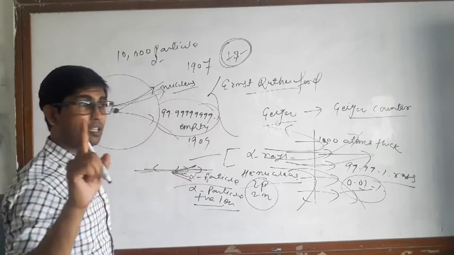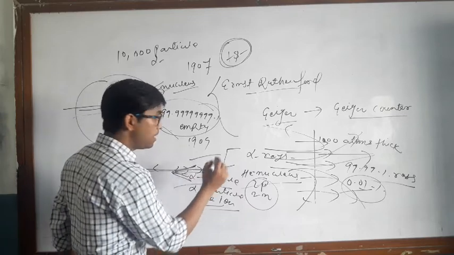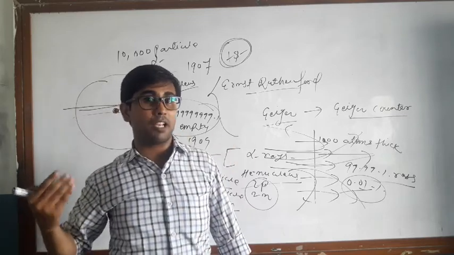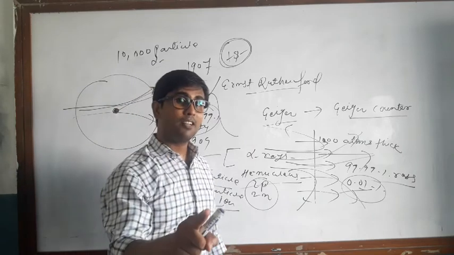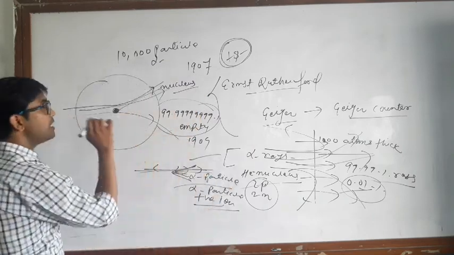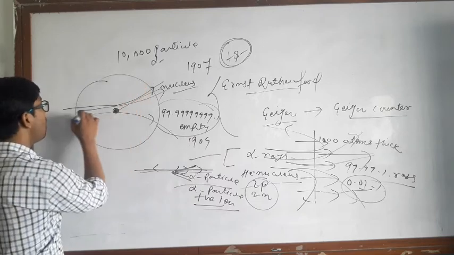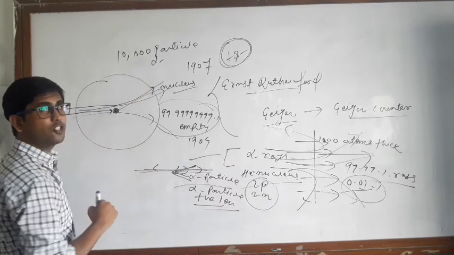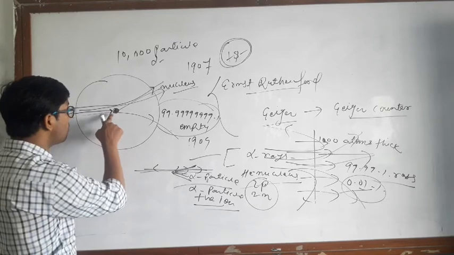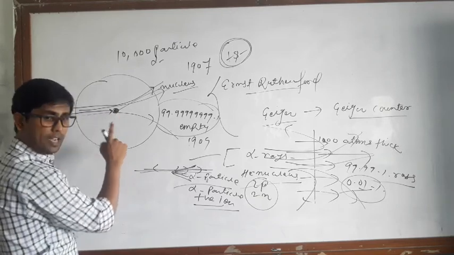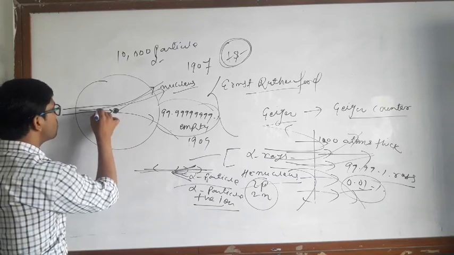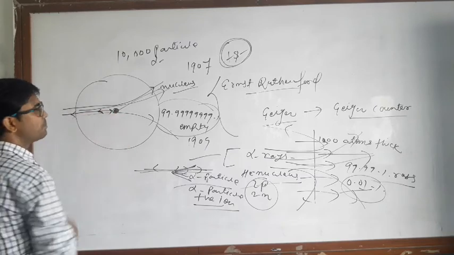Now the third part: why were some alpha particles getting back into the same line? In 10,000 alpha particles, one alpha particle maybe was on a straight collision course with the nucleus. If an alpha particle directly hits the nucleus, it will go back to the same position.